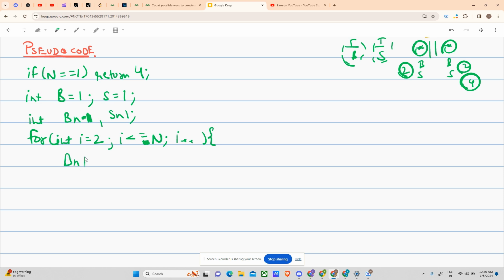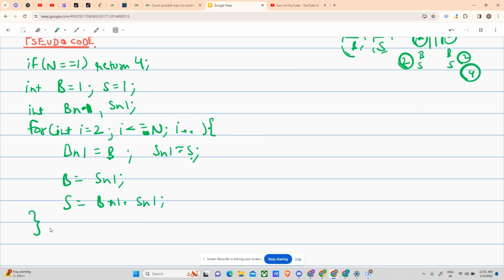So my bn1 will become b and sn1 will become s. Now I have to update my b and s. As we discussed, b will become equals to sn1 and s will become equals to bn1 plus sn1. After this, the loop will end.